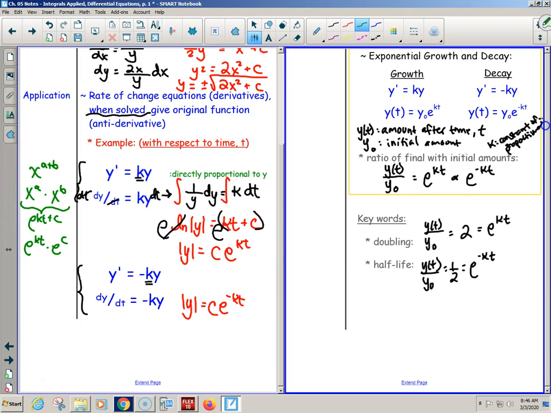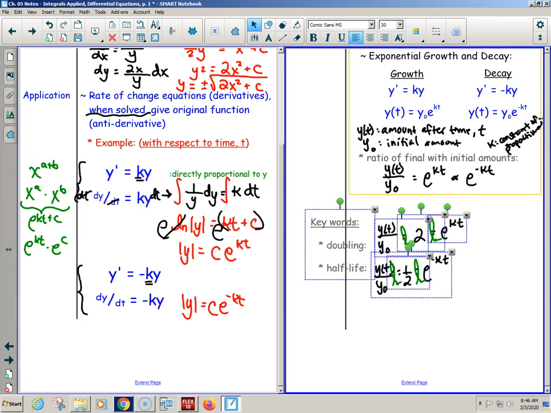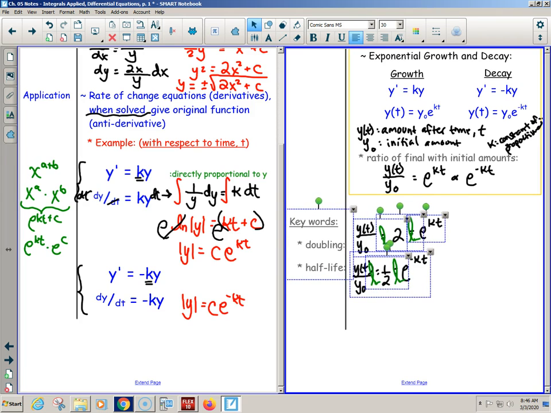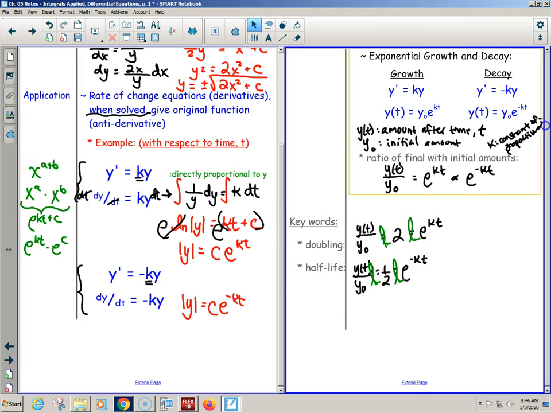we can actually solve for. My chemistry people, it's about to get exciting. We can actually solve for something in chem that you guys normally just memorize with doubling and half-life. Because we could mathematically. Oh, did I just move that in kind of weird ways?